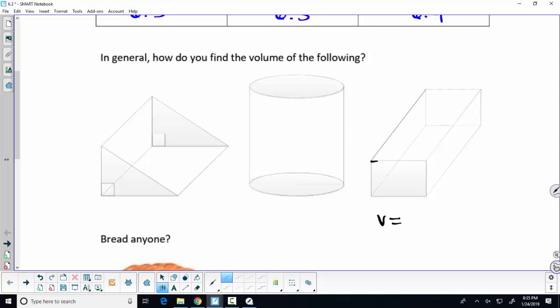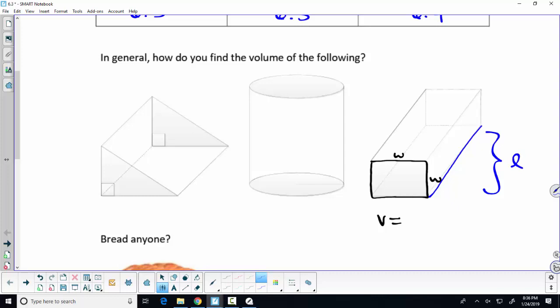But let's look at it in a slightly different way. The face here, if we can't tell, is a square. So let's call this W and W. Yeah, W squared times whatever we want to call this dimension here.